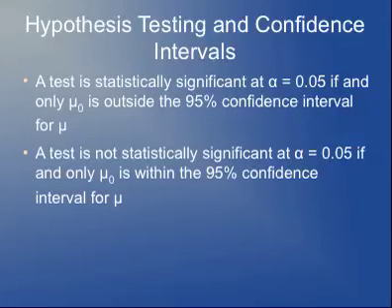As we talked about before, when you have alpha equals 0.05, it means that it's significant only if mu 0 is outside the 95% confidence interval for mu. When we saw that graphic before with the two red regions for the extreme right and extreme left, it's only significant if it's outside of that confidence interval, so if it's in those red regions.